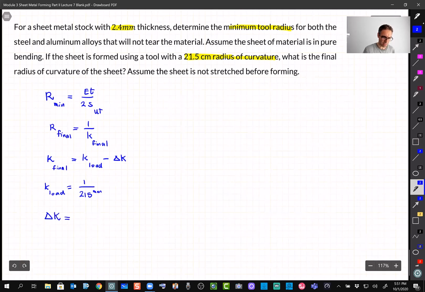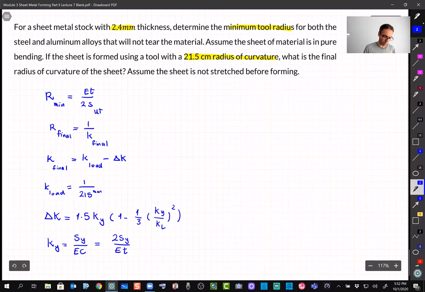And delta K has a formula: 1.5 KY times (1 minus 1 over 3 KY divided by KL square). So I need to know KY, and for KY we just found a nice formula, which was SY over EC, or 2SY over ET, all right? And we have all the information that we want, like we know SY, and the rest of the things.